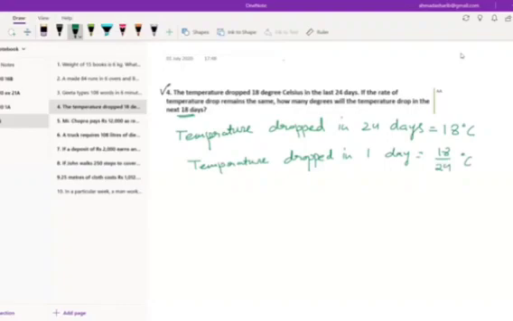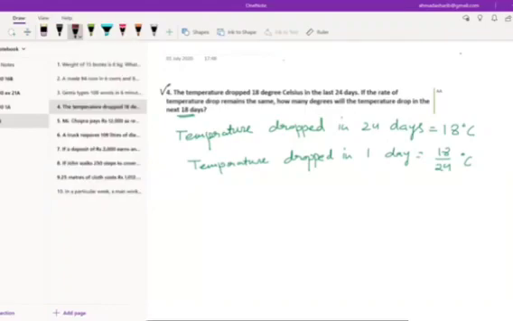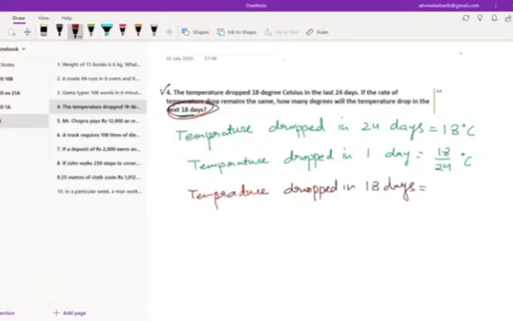Right now, I am not calculating this value. I'm not dividing 18 by 24. Let it be written as it is. Now, look at what I'm doing. You have to find the temperature dropped in 18 days. So temperature dropped in 18 days is equal to 18 upon 24 into 18.